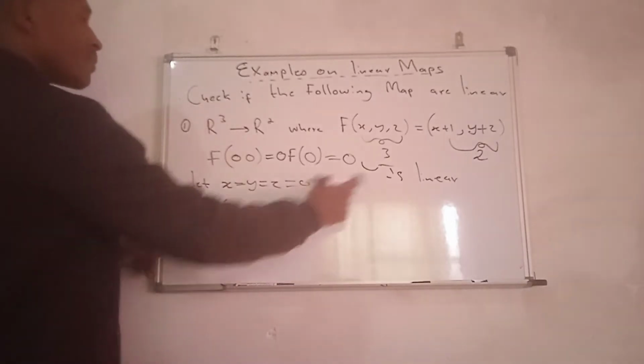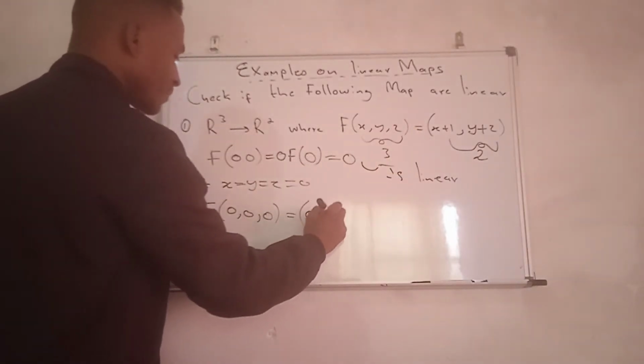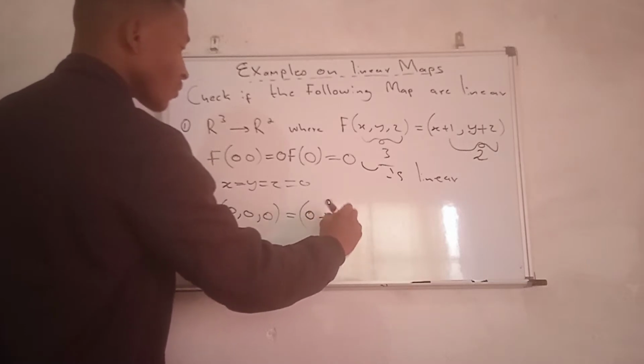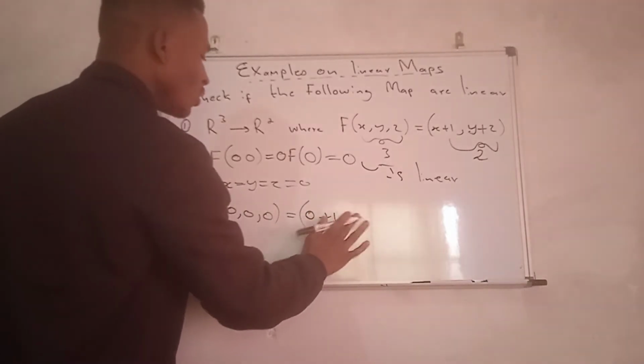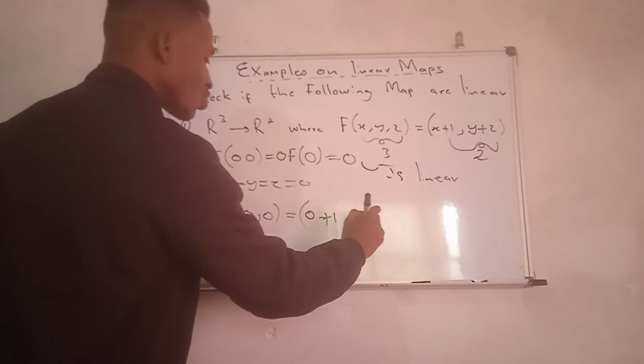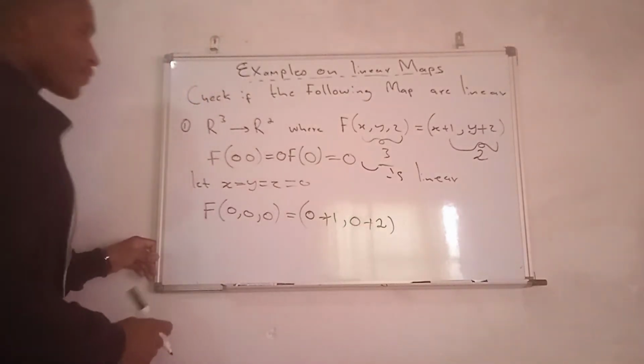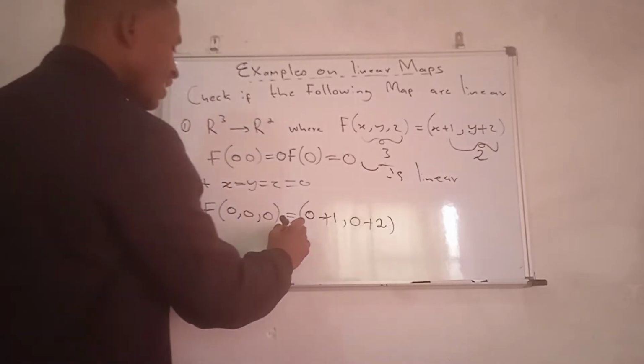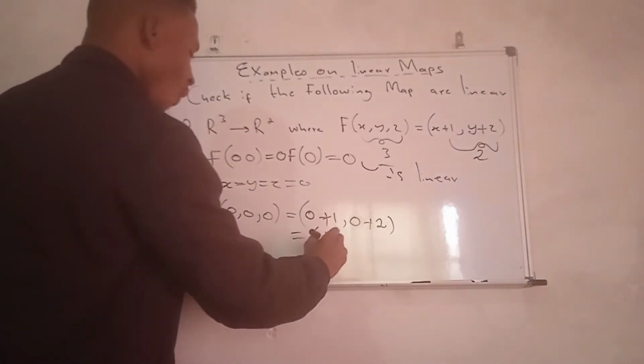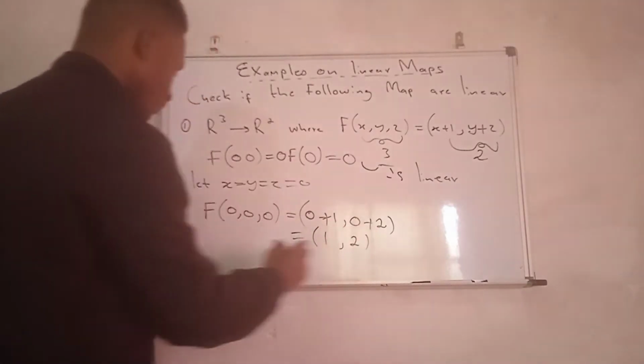But what is my x? My x will be 0 plus 1. My y will also be 0 plus 2. As you can see, this will be 1 and 2.